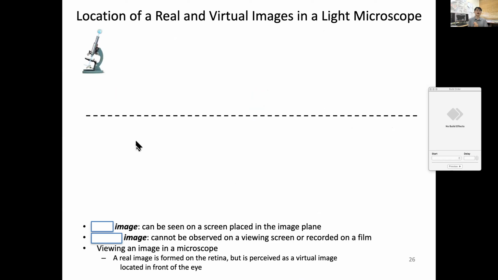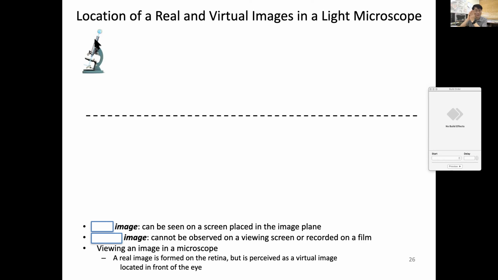So now we know how, with a simple one lens, we can make an image, which is great. And now let's move one step further to understand the traditional microscope, which is composed of a single lens over here. But those images will form somewhere here in the image plane, and we have to use our eye.